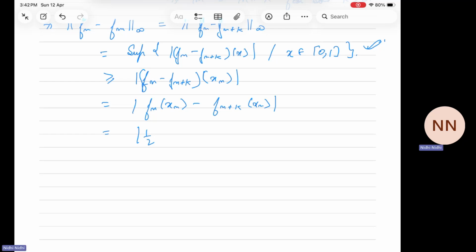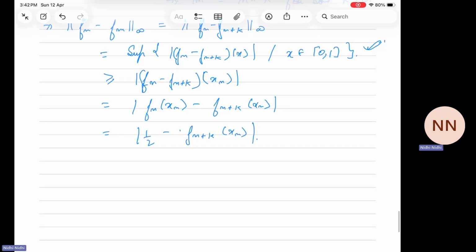Okay, so this is equal to 1 by 2 minus Fn plus k at xn.